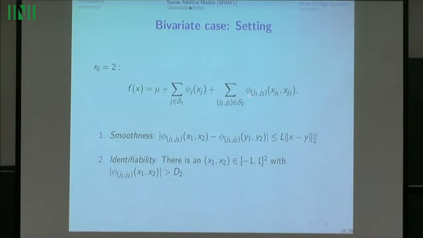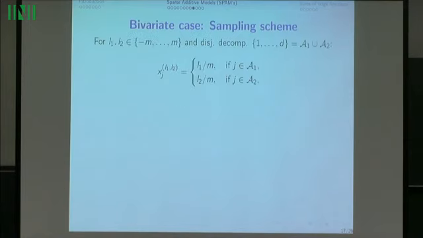So the trivial algorithm, even when leaving out this part, would have d over 2 times m squared sampling points to really identify each of the functions on a regular grid. So the number of sampling points would actually grow in the dimension polynomially, which is what we would like to avoid.